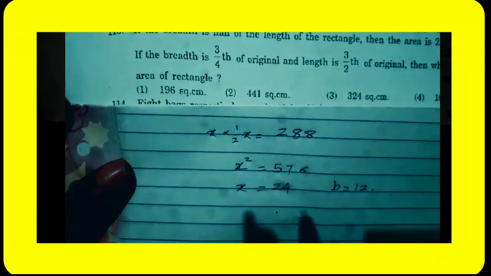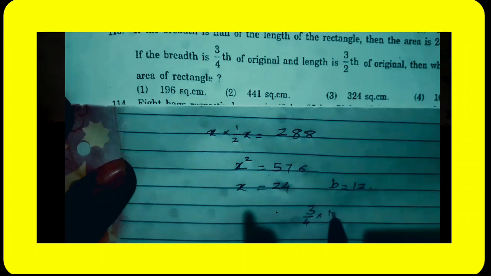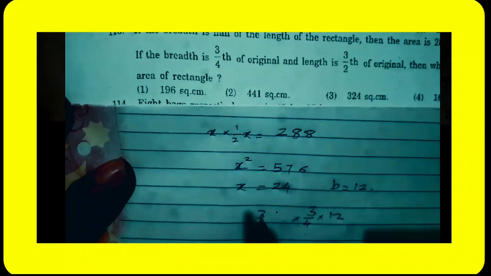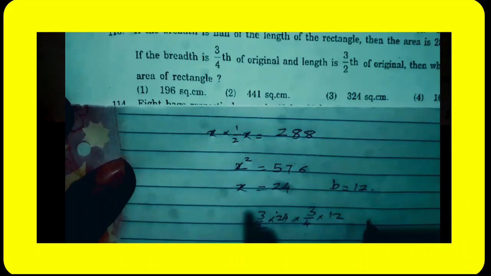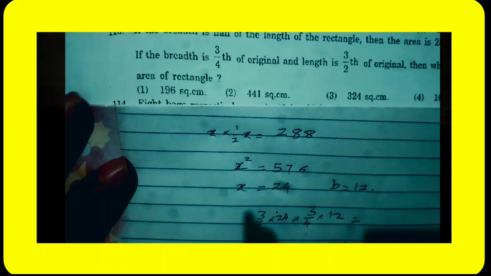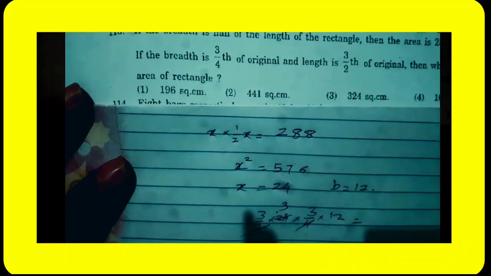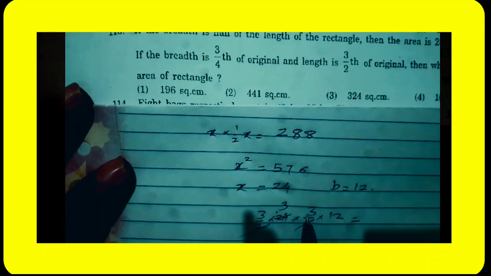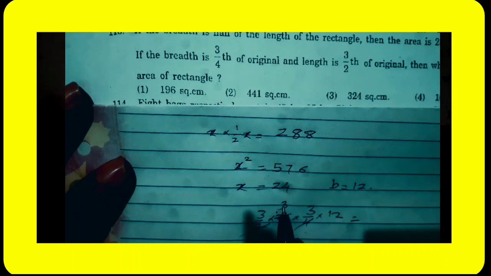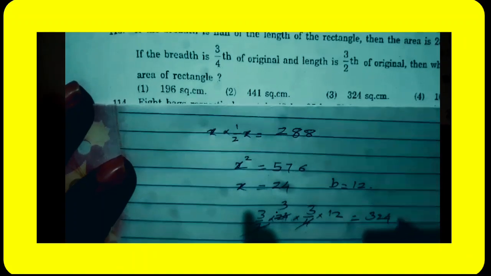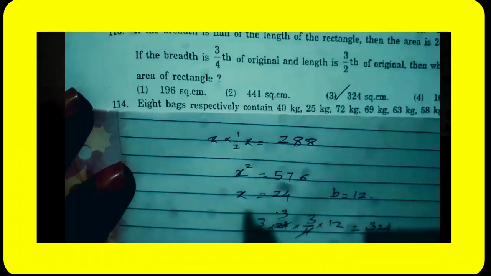If 3 by 4 breadth is decrease, and 3 by 2 of length increase, then what is area of angle? 4 times 2 is 8, and 8 times 3 is 24. 12 times 3 is 36, times 3 is 108, times 3 is 324 is our answer. 324 square meter.